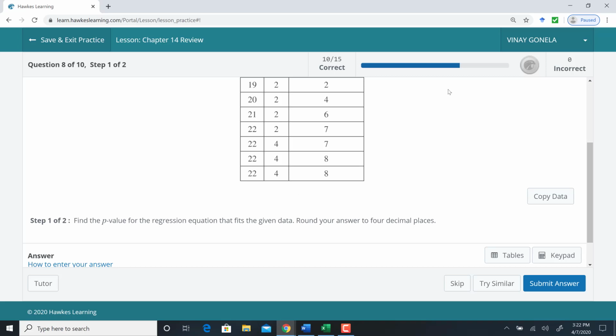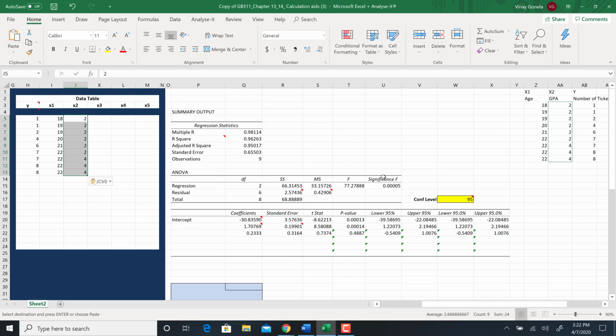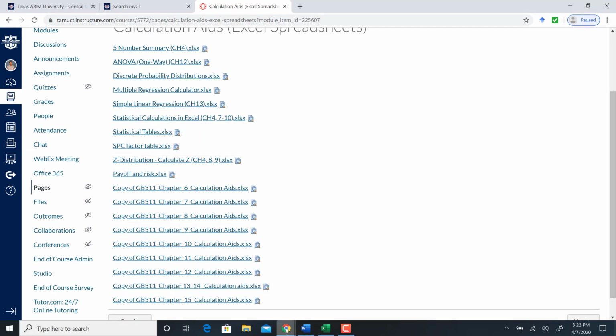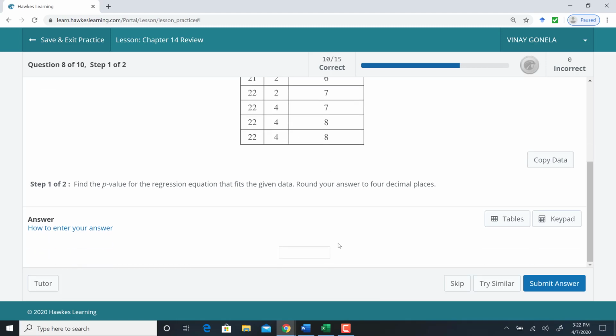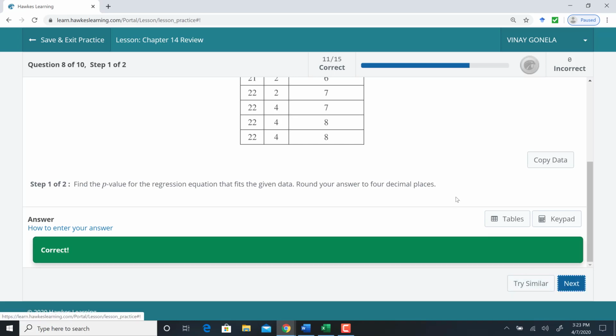The entire equation's p-value is the significance F. So this is the p-value, 0.00005 is our answer. This represents the entire model. So I will key that in here and then submit it. That's good.